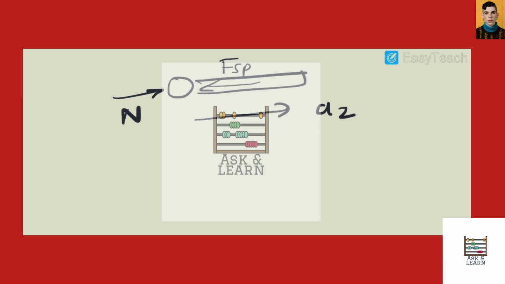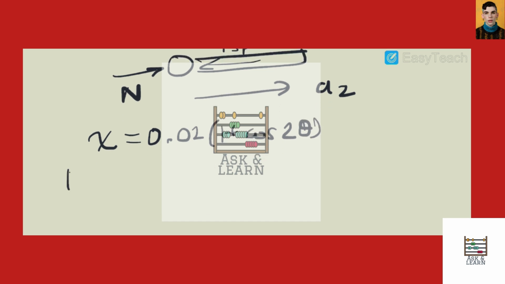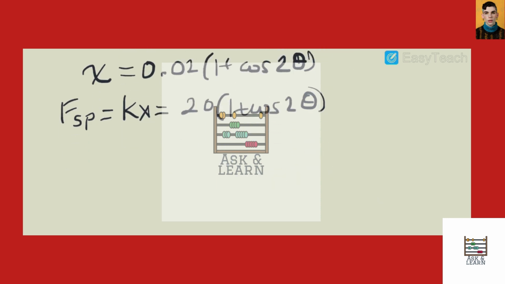So just by this free body diagram, we can see that for any arbitrary theta, the spring will compress a distance x, and that's given by 0.02 times 1 plus cos 2 theta. So our F_sp, which is equal to Kx, is going to be equal to 20 times 1 plus cosine 2 theta, because we know K is 1,000 newtons per meter.